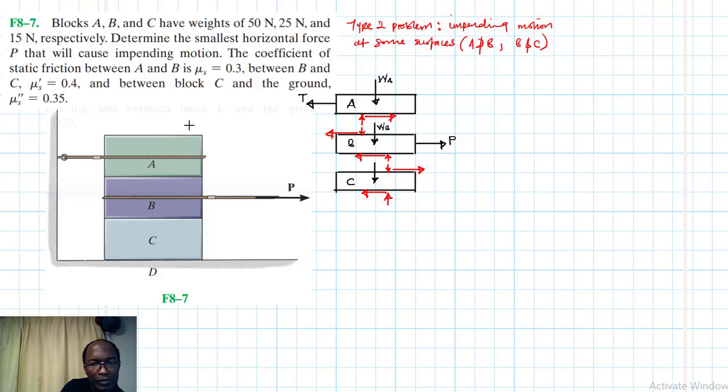Let me write this inside the block so that we have a little bit of space. So let's call this one WB, then this one WC.